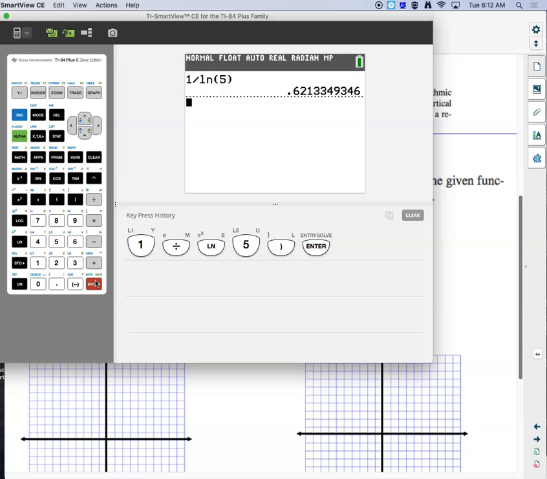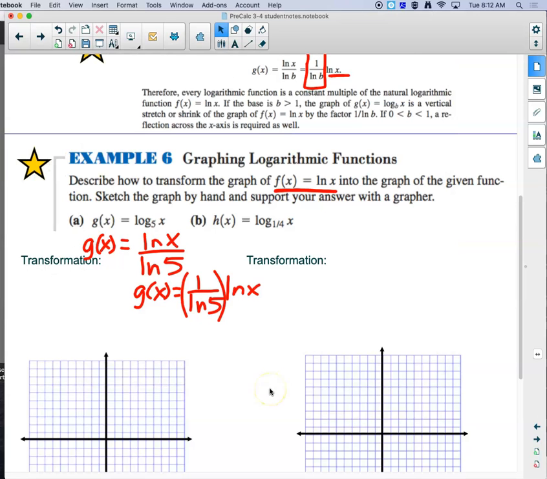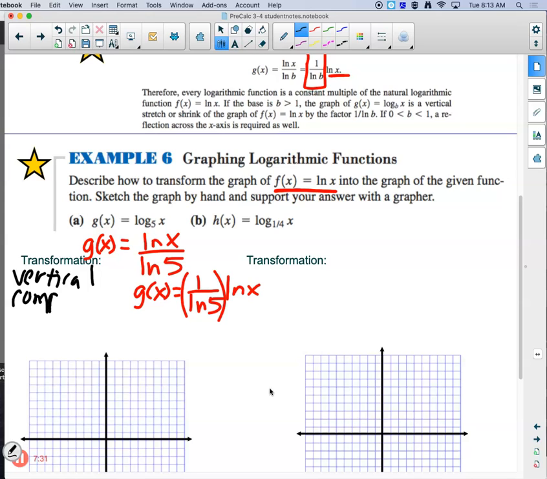So that means this is a vertical compression. So for transformation, we want to put vertical compression factor of 1 over the natural log of 5.